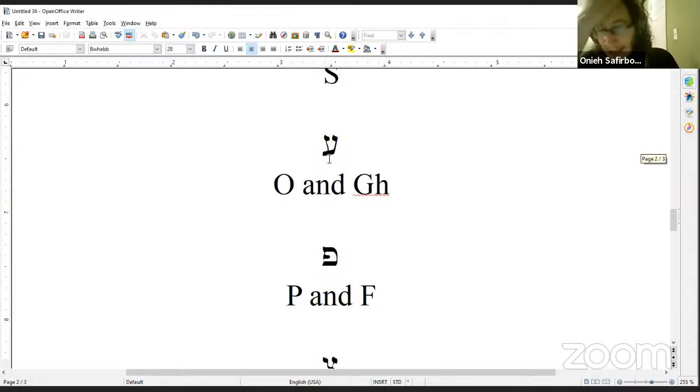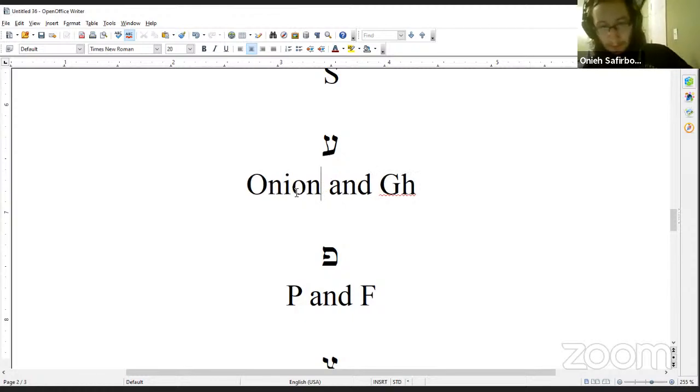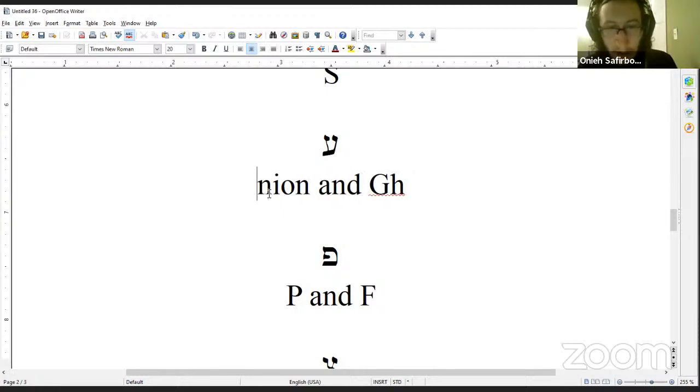And then the last vowel letter is ayin, and that corresponds to the English letter O, and it has the pronunciation of the U in ugly, or more relevantly, onion, because if you look at the word onion, the first O and the second O both have a U sound. Un, yun, onion.